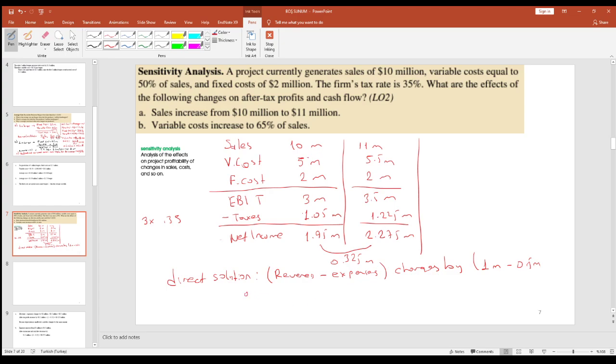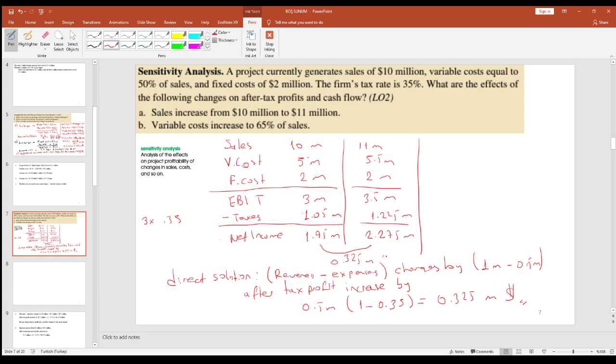So after-tax profit increases by 0.5, this is the difference between these two, 0.5 million times 1 minus tax rate, which is equal to $0.325 million.